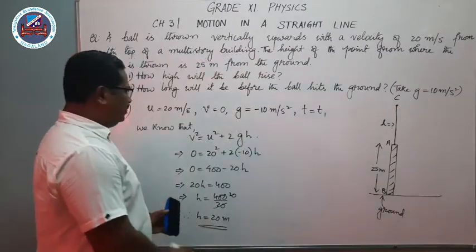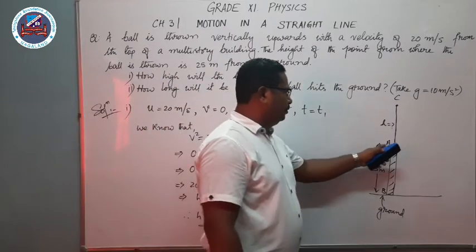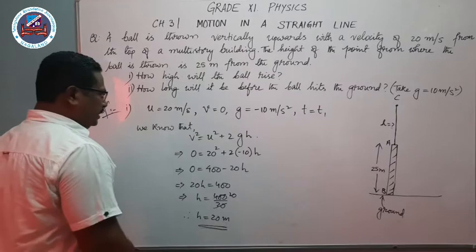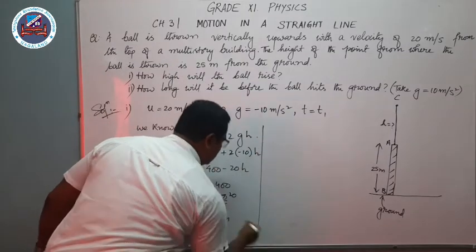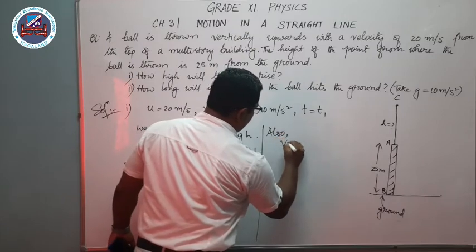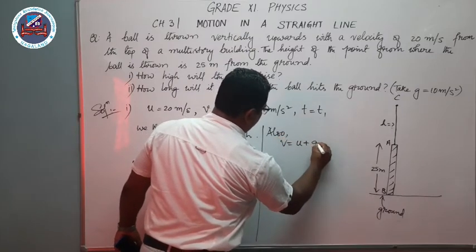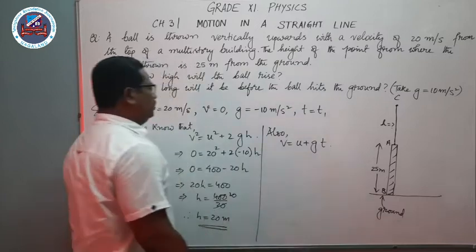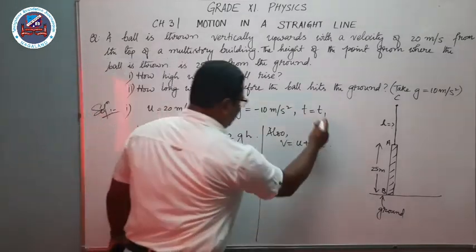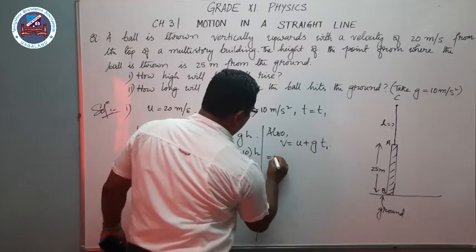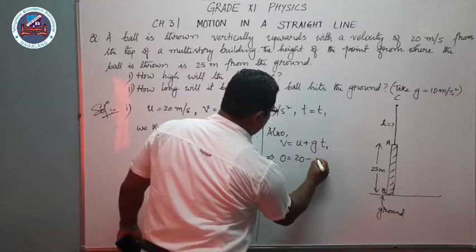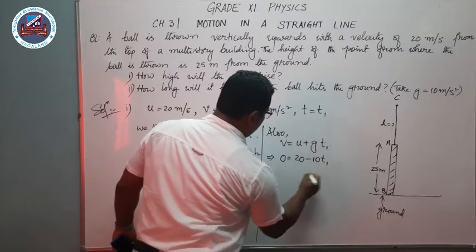Now from here you can find out how long it took for the ball to travel from A to C. If you use the first equation of motion, V is equal to U plus GT, then you can find out the time. Time we will take as T1 here. Final velocity is 0, initial velocity is 20, G value is minus 10, T1.